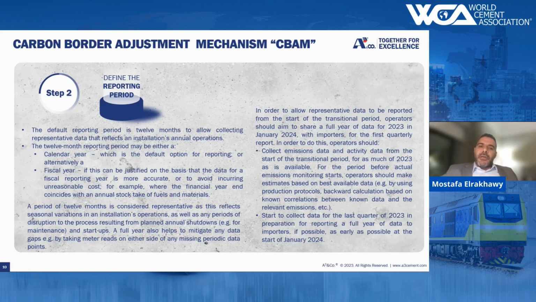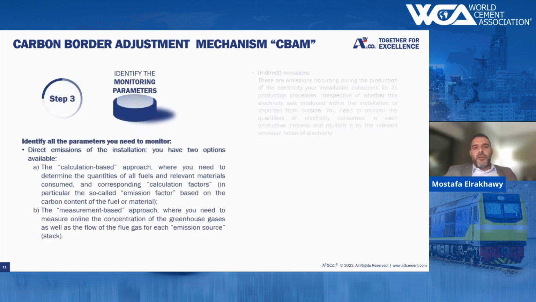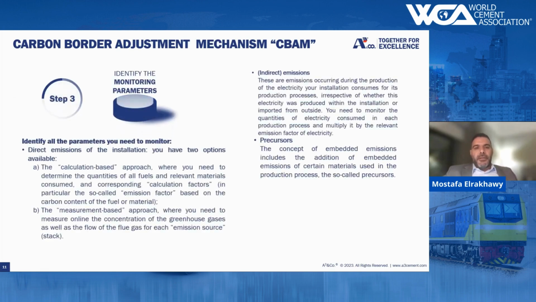To do all this, each cement plant should have its MRV system, a monitoring system, as a beginning. All that I described is a calculation-based method. There is another method, the measurement-based method, which is not implemented in cement plants, and it requires online CO2 emission monitoring on the stacks, which is not available and not accurate in the cement plant.